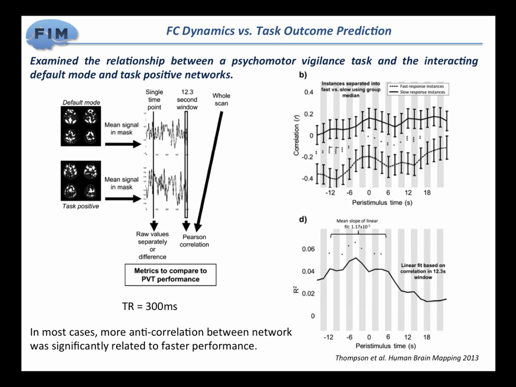They separated their subjects into two groups, the ones that responded really fast to the task and the ones that didn't respond that fast. And what they saw is that they could find a difference in these correlations right before and right after the occurrence of the task event, in such a way that, the claim was, looking at the connectivity in the task positive and task negative networks a few seconds before the task can actually help you predict the response time.